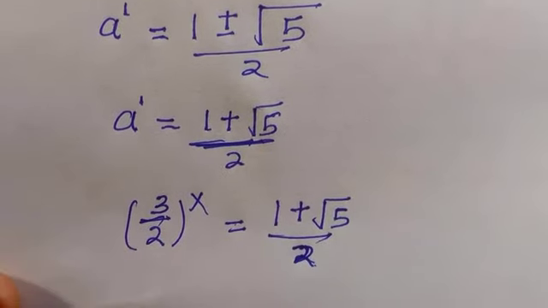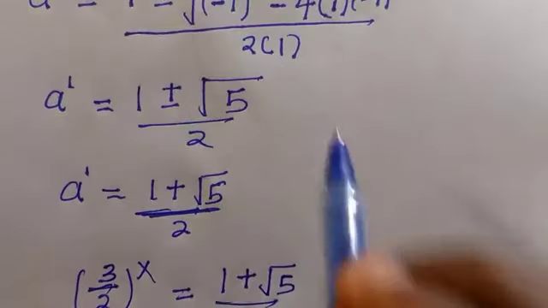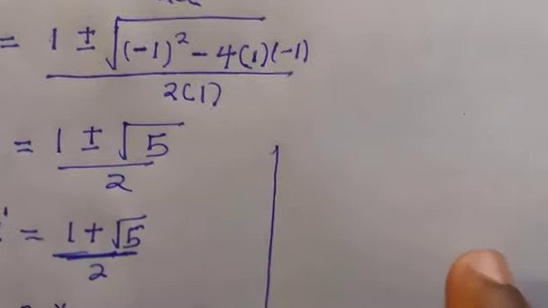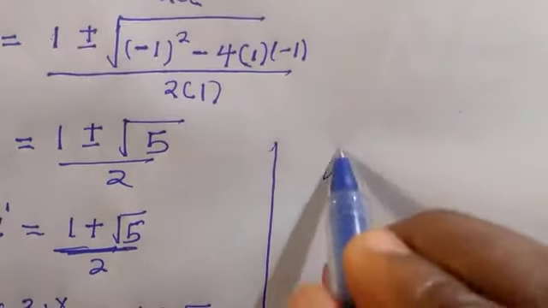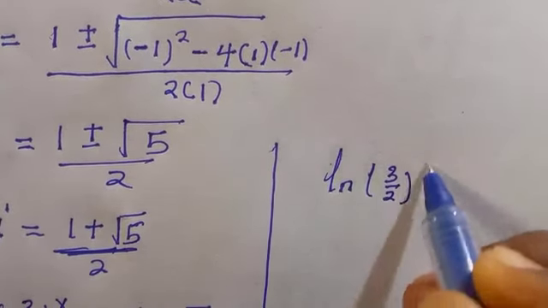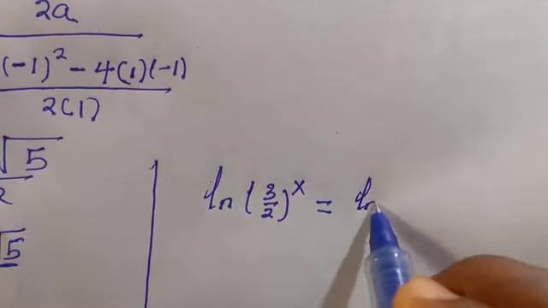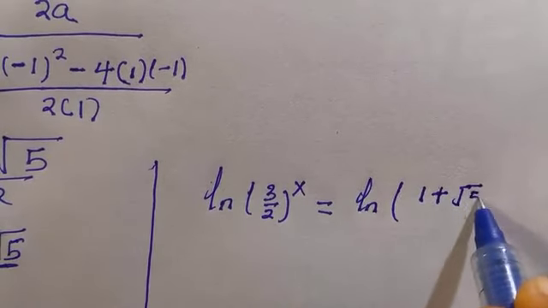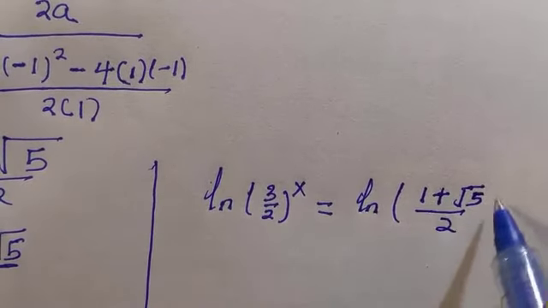On getting here, to have the value of x, we try to bring the power down, and what can make it done is introducing the natural logarithm to both sides. So we have ln of 3 over 2 raised to power x equals ln of 1 plus root 5 divided by 2.